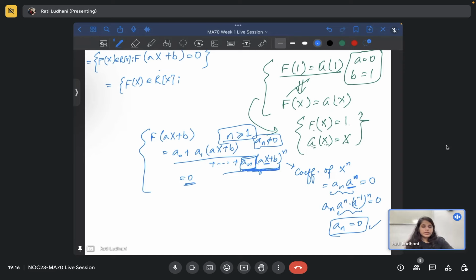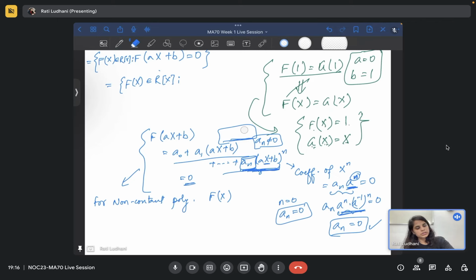So you cannot get this if you have a non-constant polynomial. Right now I assumed n to be greater than or equal to 1, but if n is equal to 0, then you will just get a_n has to be 0, again a contradiction. So you can combine these two things, of course.